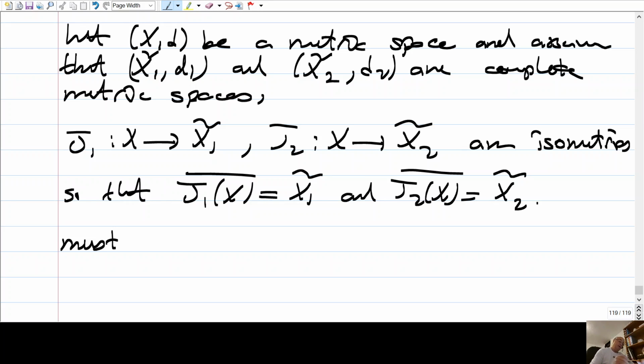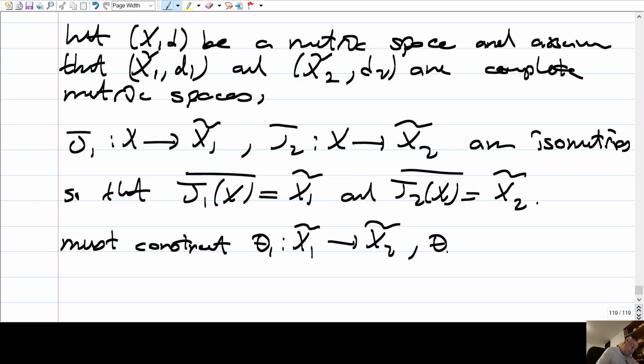So what do I do? I must construct theta 1 from x1 tilde to x2 tilde, theta 2 from x2 tilde to x1 tilde.